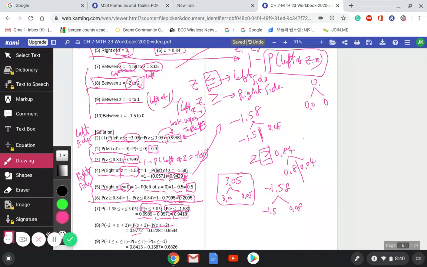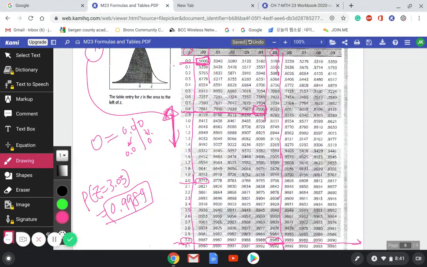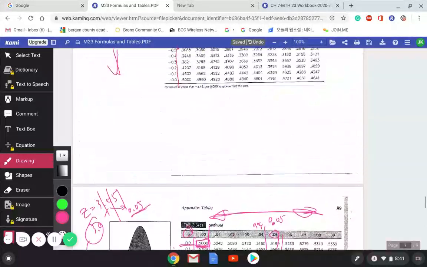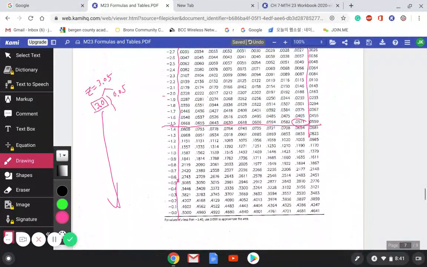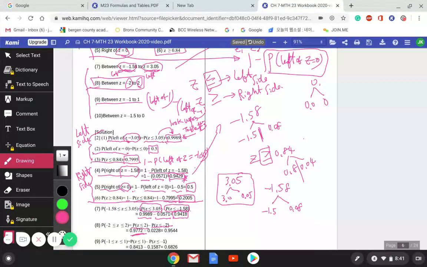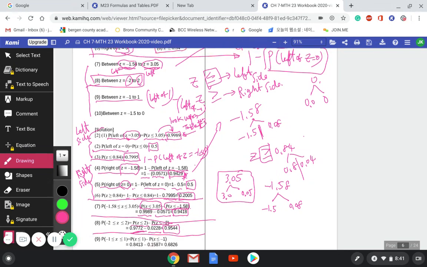So 0.9772 minus left of negative 2, that means negative 2.00, which is 0.0228. So you take 0.0228, and then you end up with the answer. Okay, so that was number 8.